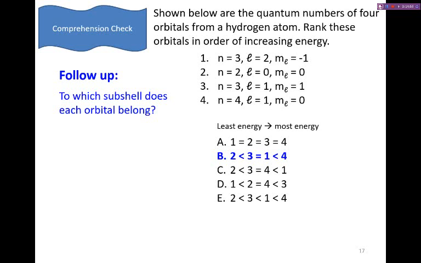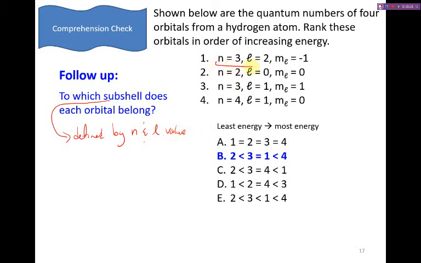Now, here's a follow-up question. To which subshell does each of these belong? Pause and try it on your own. Welcome back. All right, so let's remember what a subshell is. Subshell is defined by the n and L value.